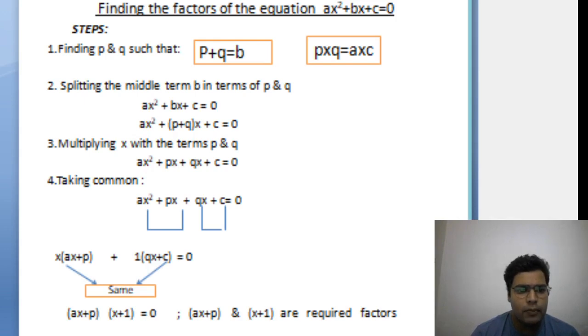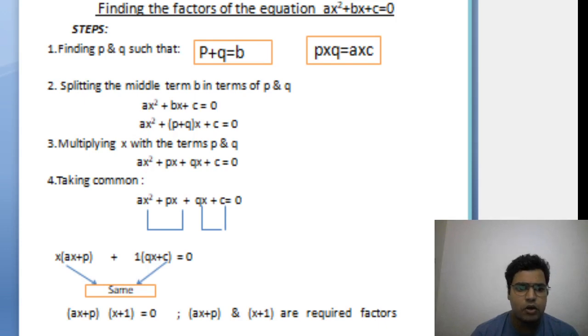We are going to take common from the first two terms, and the same with the last two terms. From the first two terms, we see that the common is x. After taking x, we are left with ax plus p. In qx plus c, in both the terms, there is no common. So we can take 1 as a common.